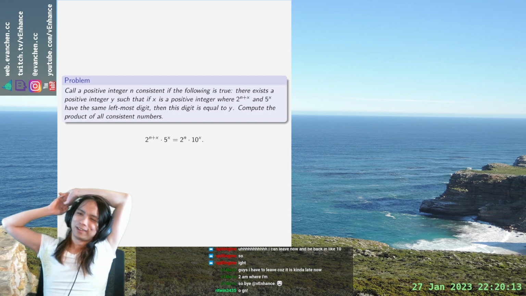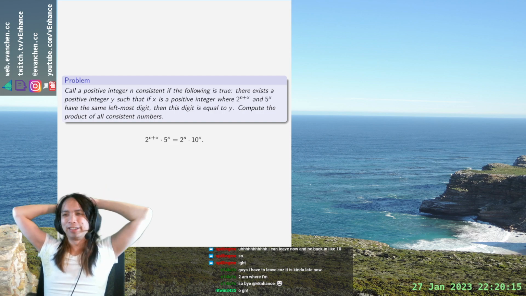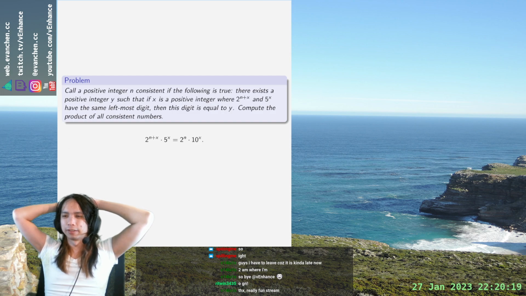Wait. I was going to say, it would be really funny if, for some reason, it was hard to determine whether n equals 1 was consistent, because then the product extraction actually helps you. You don't have to figure it out. But that can't be true, right?